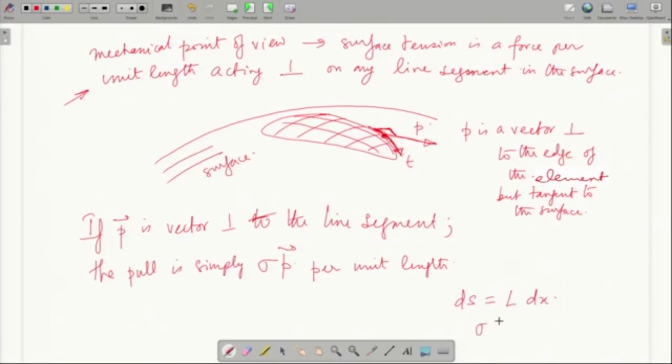That work done will be sigma times L dx or sigma ds, and this increases the interfacial free energy.